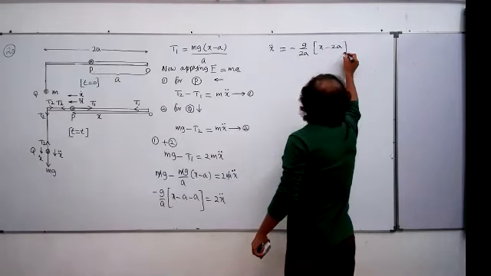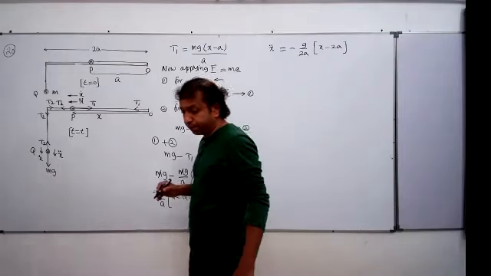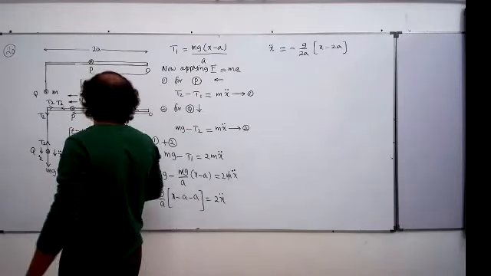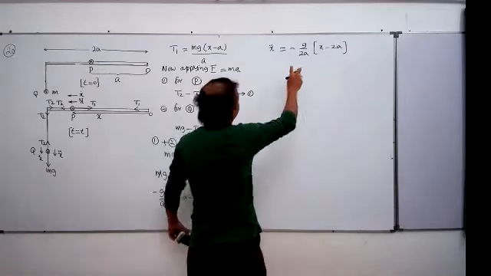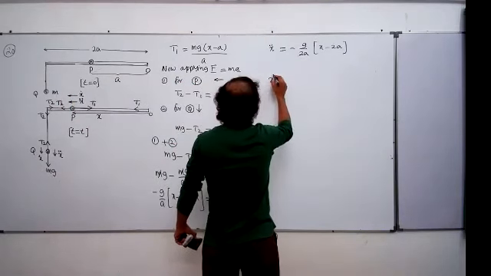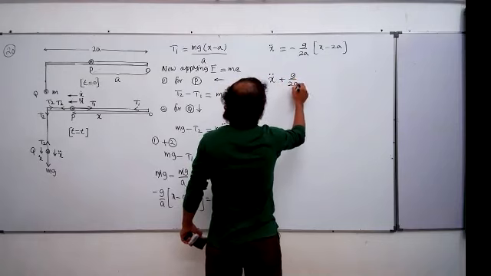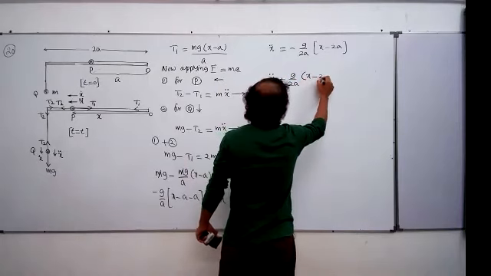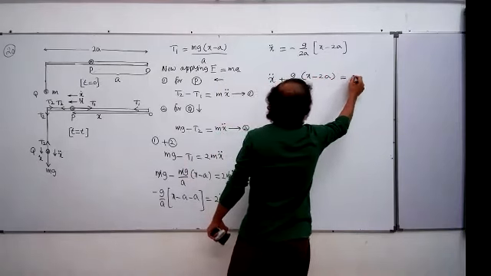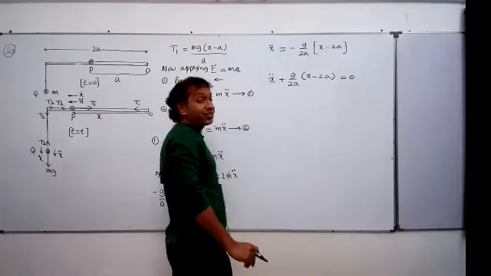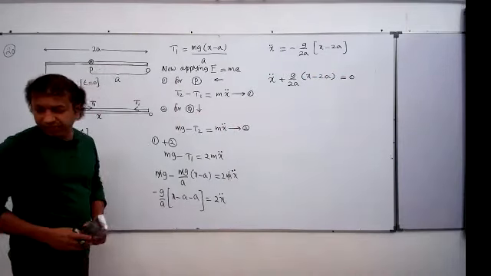Okay. Now, we'll take this left hand side: x double dot plus g upon 2a times (x minus 2a) equals 0. The first answer we obtained.